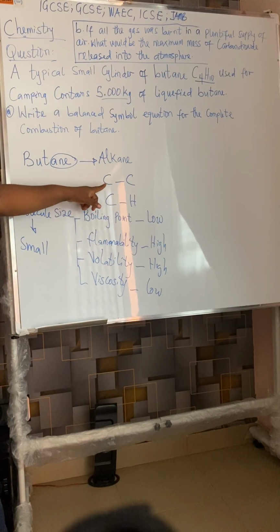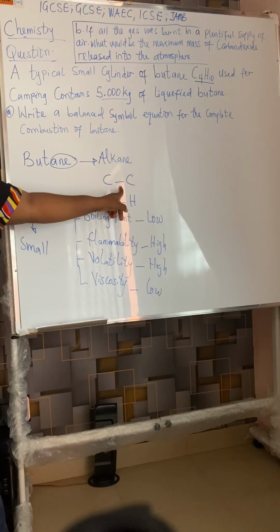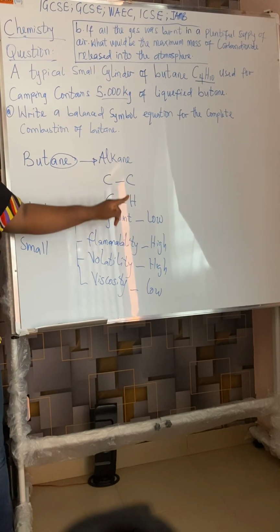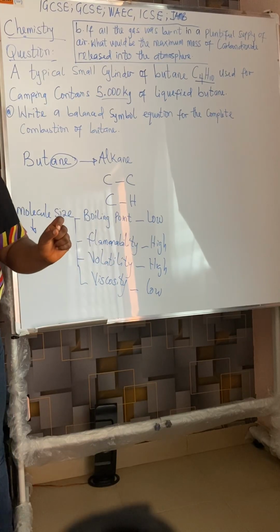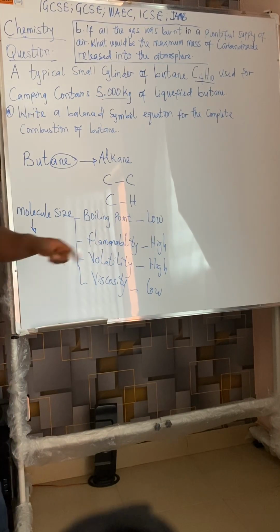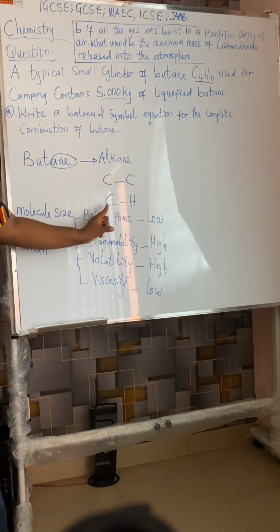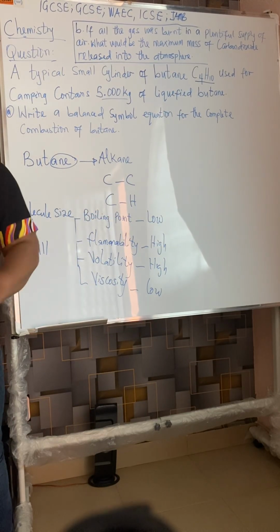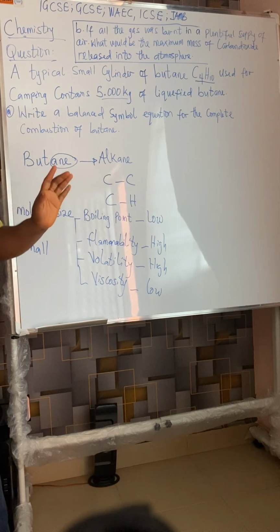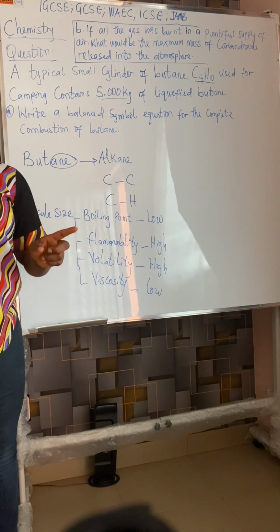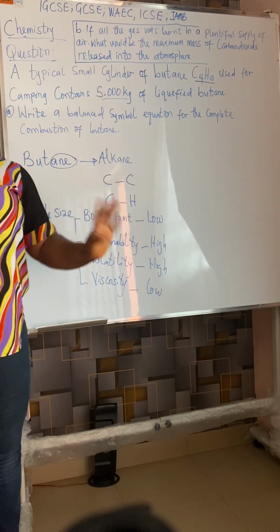For a saturated hydrocarbon, you have single covalent bonds. This dash you're seeing here represents the covalent bond. This is the stick method of representing molecules. So this is the carbon-carbon single bond and the carbon-hydrogen single bond for an alkane. It is important for you to know that alkane is not a functional group. It's not at all.